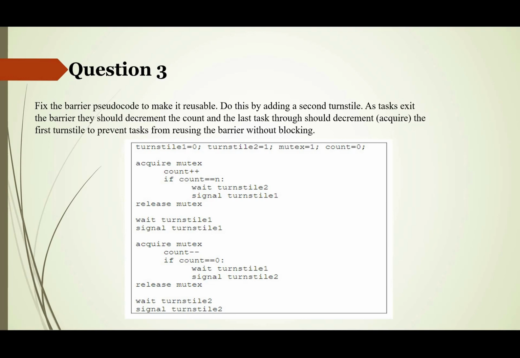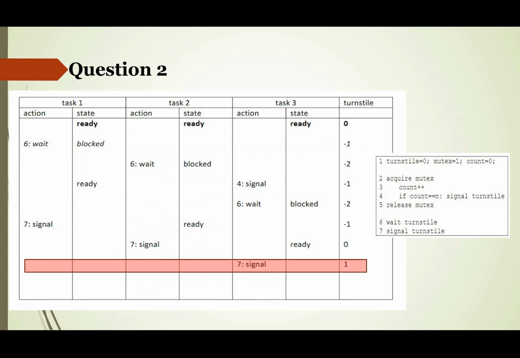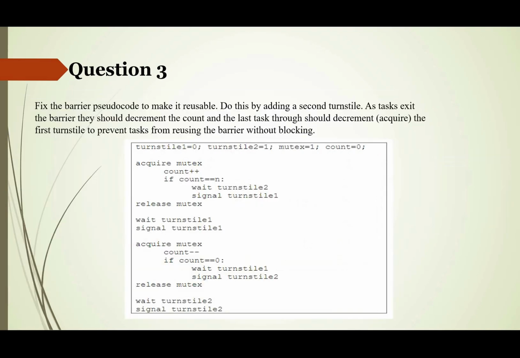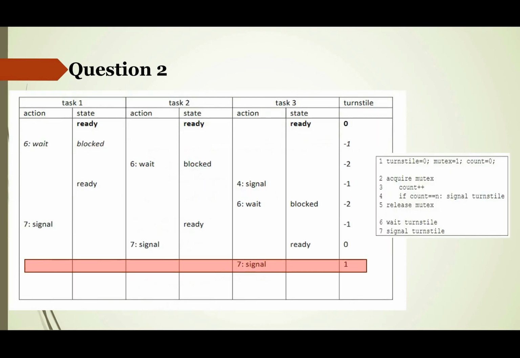In this case, it decrements the count. So the count will be decremented. Then if the count is 0, this is the last part, corresponding to the last section of the question 2 answer. So if the count is 0, it waits on turnstile 1. So if we go back here, the turnstile was 1.